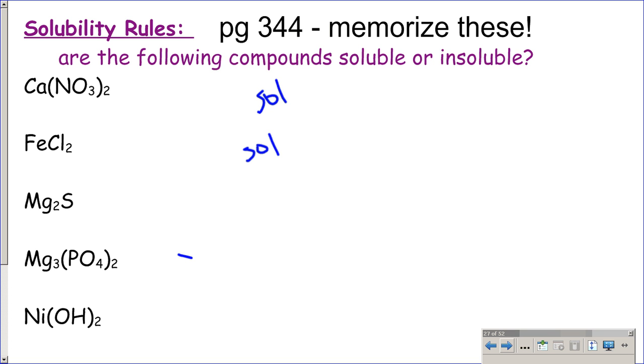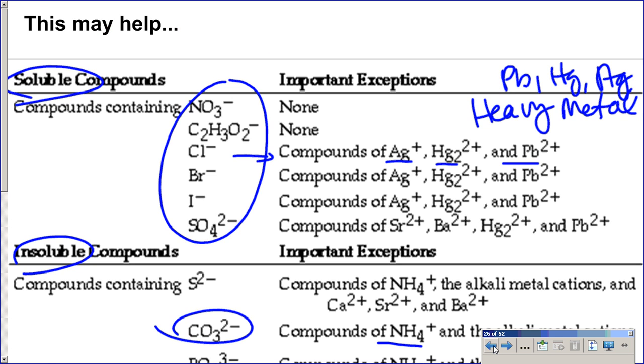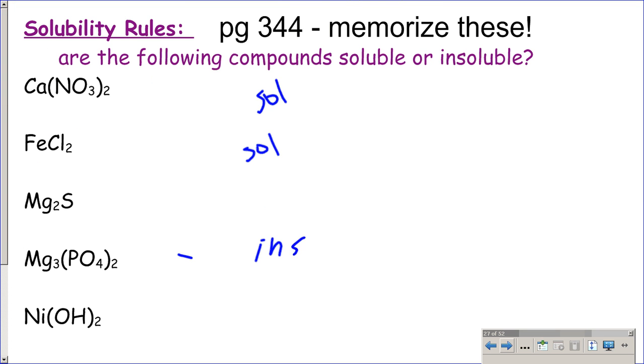Ready? Magnesium phosphate's insoluble, except for the GIA, which is group 1 and ammonia. So no, magnesium's not in group 1. It's in group 2. So that one's going to be insoluble. So as long as you can use a list, you're in a good place.